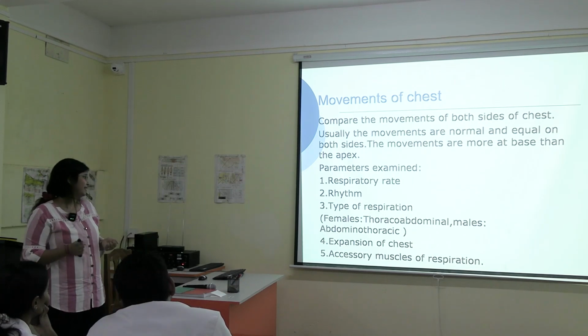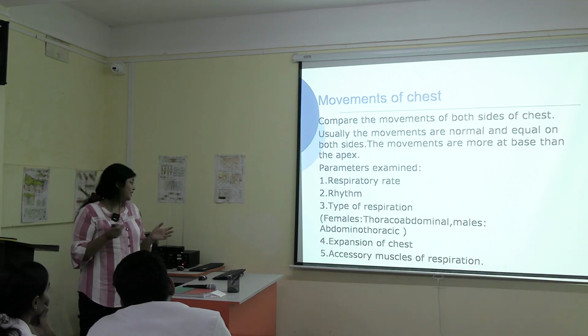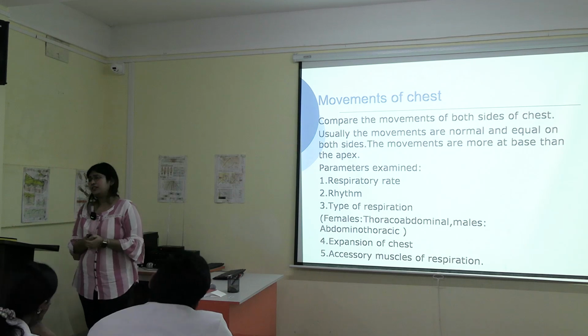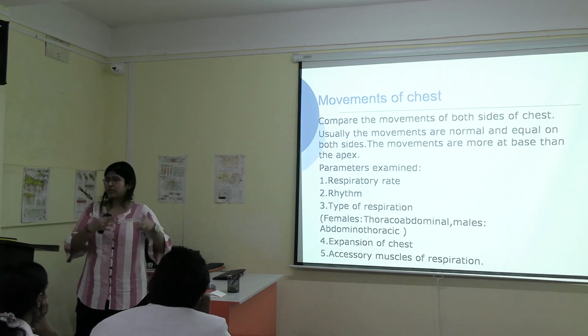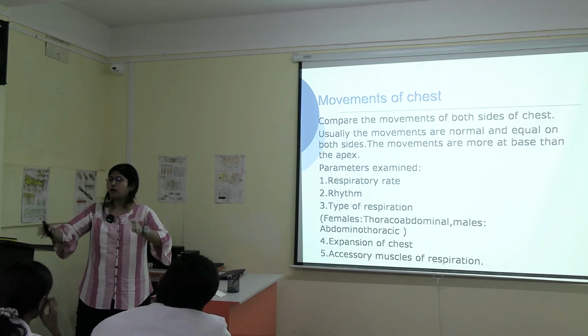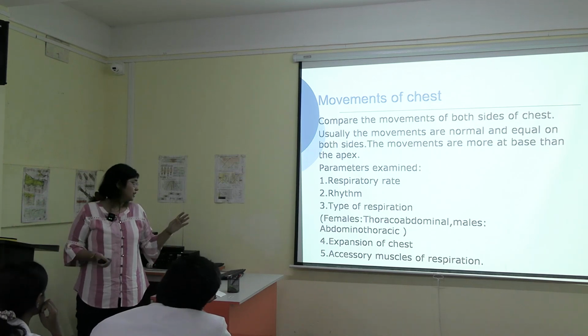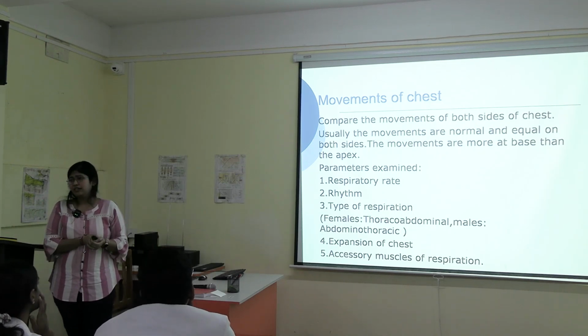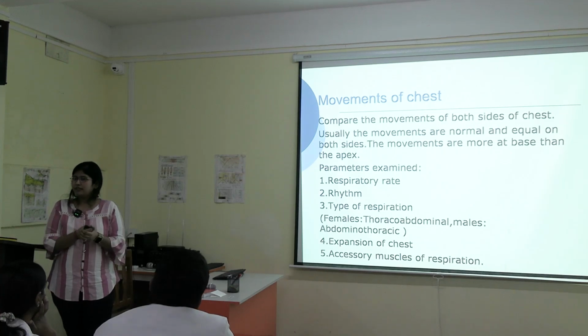Good. Okay. Now there is expansion of chest, accessory muscles of respiration. Expansion of chest, we will explain it to you in the procedure. We'll explain how you do it, how you measure and everything. Fourth comes your accessory muscles of respiration. Your anatomy is on, right? Chest is covered.